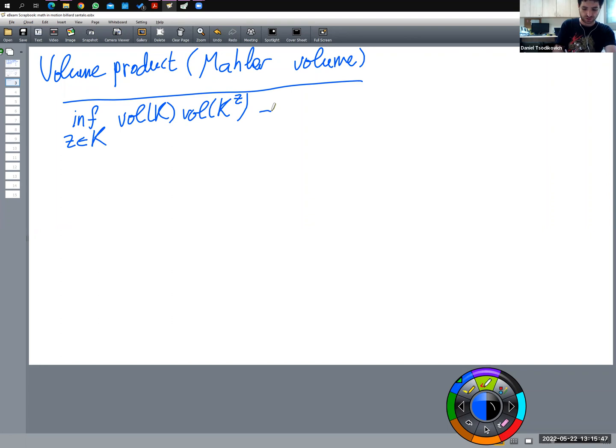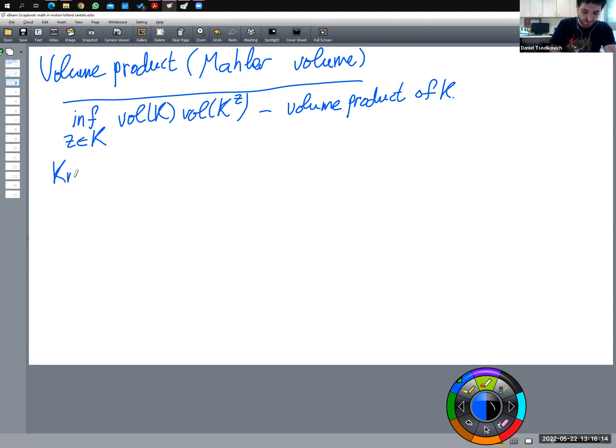This is called the volume product of K. And this is a zero homogeneous quantity, so we can ask about when it is maximal or where it is minimal, or things like that.